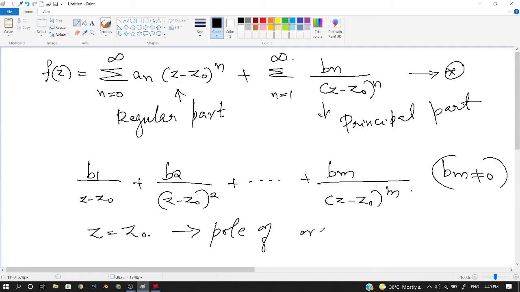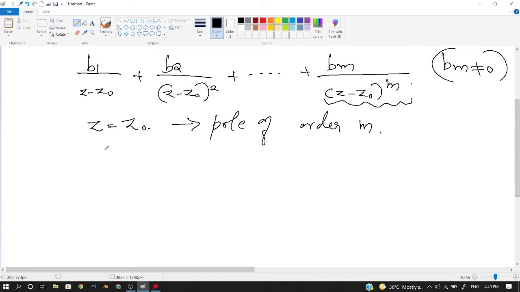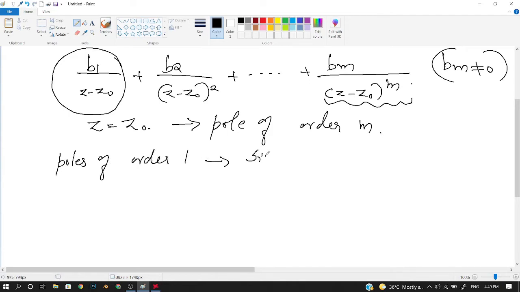So here the highest power of 1 by (z minus z naught) is m. Poles of order 1 are called simple poles. If the value of m is 1, that means we have the coefficient of 1 by z minus z naught.